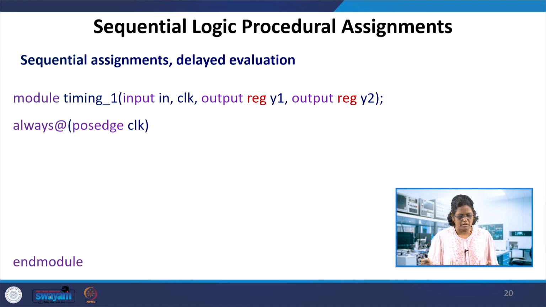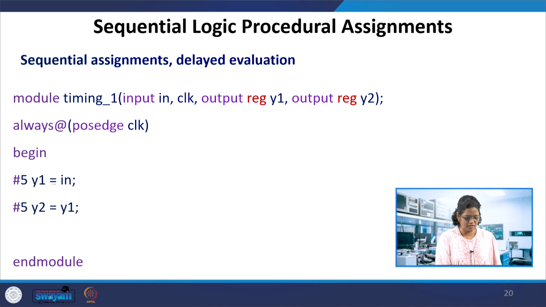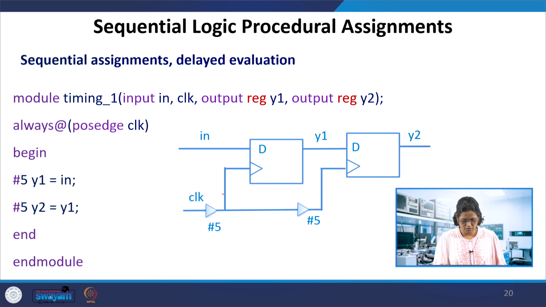Whereas for the delayed evaluation, if we take the same code with delayed evaluation, the hash 5 is now switched to the first place: hash 5 y1 is equal to n, hash 5 y2 equal to y1. So the evaluation itself is delayed. Okay. So this forms the clock. It just forms a shift register with this hash 5 at the first clock.